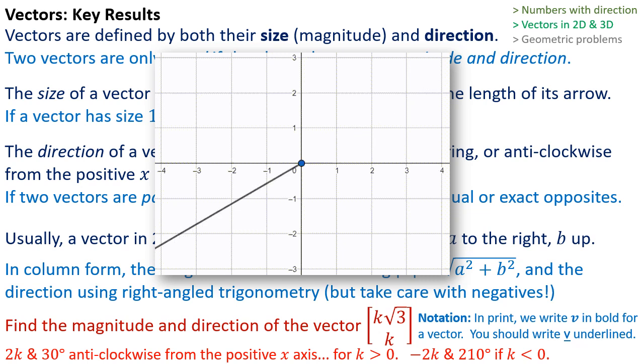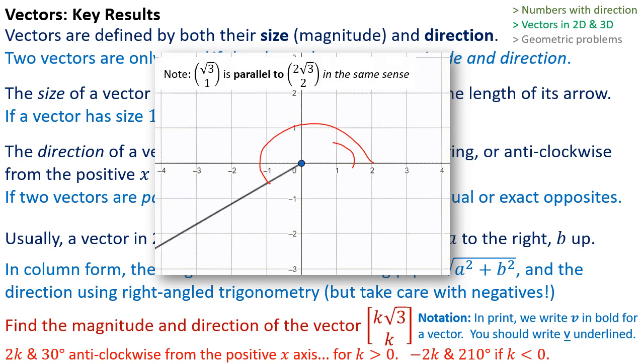Because k is negative, the size has to be negative 2 times k. Otherwise it would give a negative answer, and size is never negative. And then for the angle as well. If we're measuring anti-clockwise from the positive x direction, then yes, we might get 30 degrees, or we might get 210 degrees. It depends on the value of k.